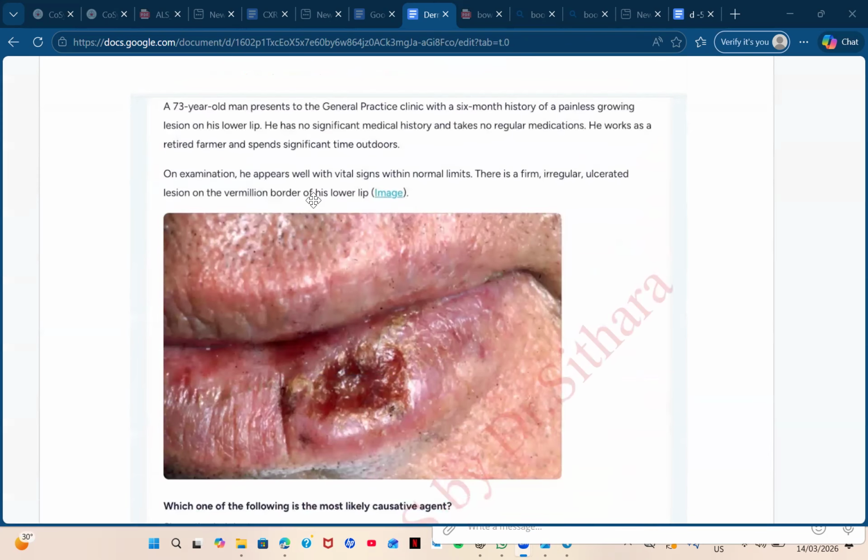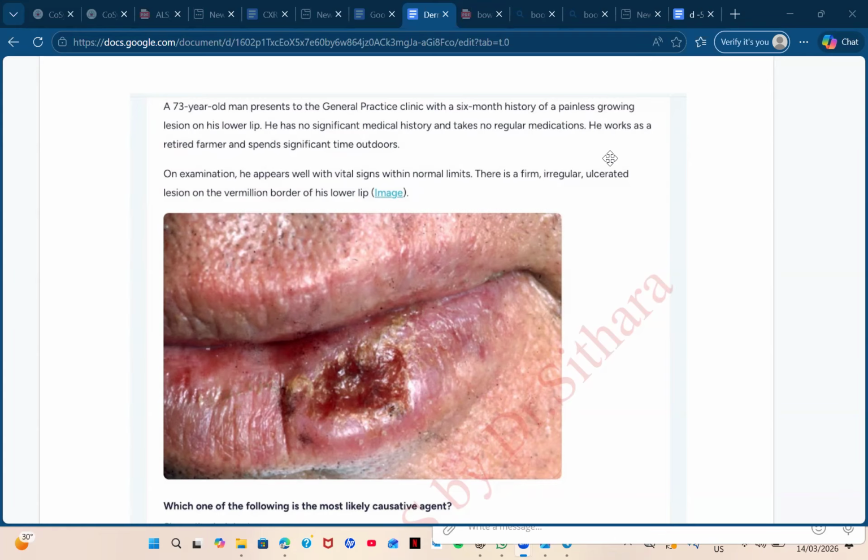A 33-year-old man presents to the GP clinic with a 6 months history of a painless growing lesion on his lower lip, and he has no significant medical history and takes no regular medications. He works as a retired farmer and spent significant time outdoors.